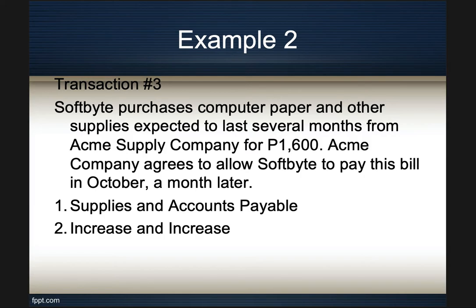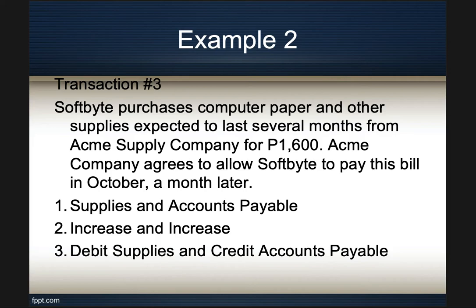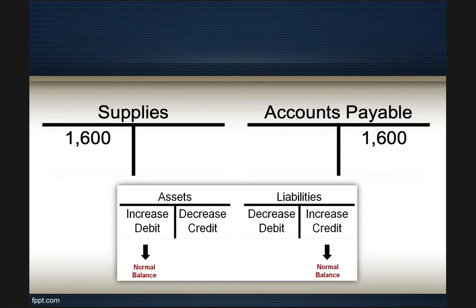Let's apply the rules for debit and credit. Supplies is an asset, right? So an increase in an asset is recorded in debit. Therefore you record a debit to supplies. The other account, accounts payable, should be credited. So let's look at that in a T account.